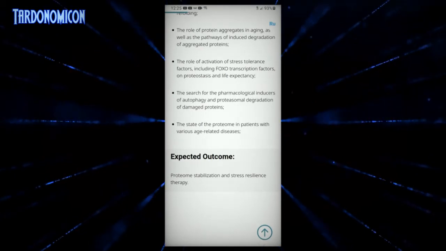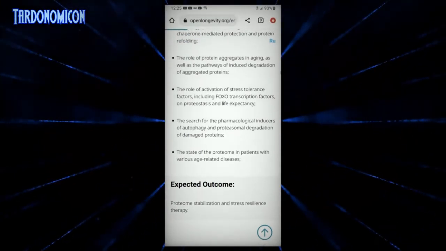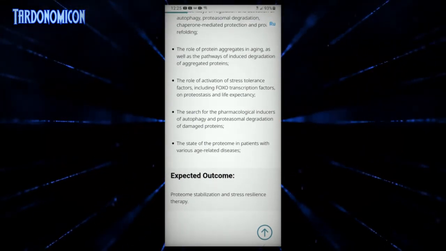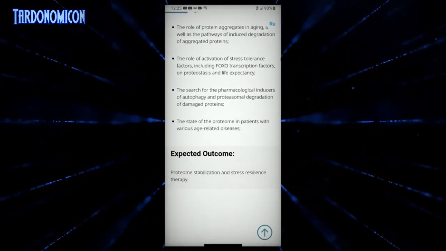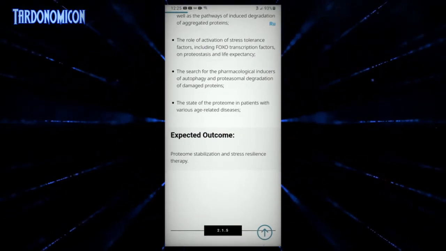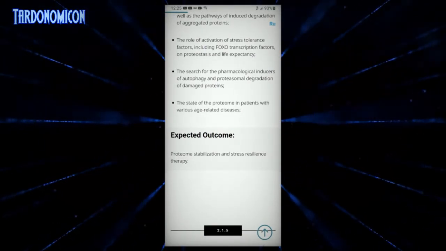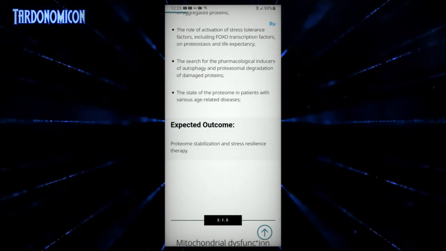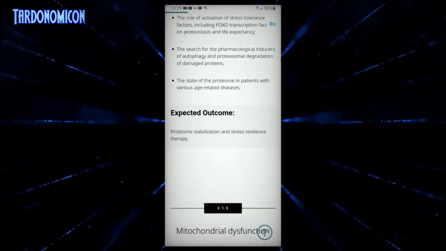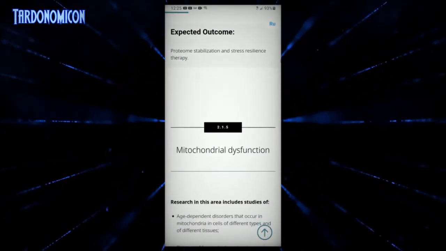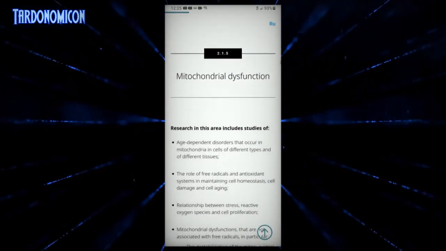I'm going to get into that when I talk about phytonutrients and how to activate the FOXO gene. The search for pharmacological inducers of autophagy and proteasomal degradation of damaged proteins, the state of proteome in patients with various age-related diseases, expected outcome, proteome stabilization and stress resilience therapy, mitochondrial dysfunction.